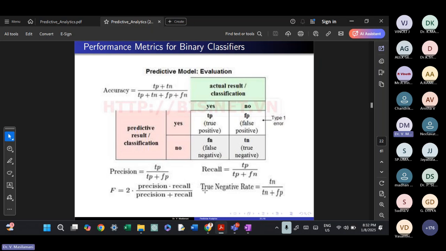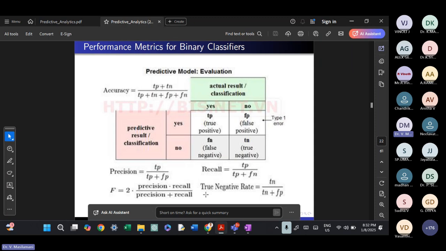You know why? Assume that we have only one positive sample and 99 negative samples. Suppose I give an algorithm which is not looking at the input data at all. I always say negative, negative, negative, negative. How many times will I be correct? 99 times out of 100.